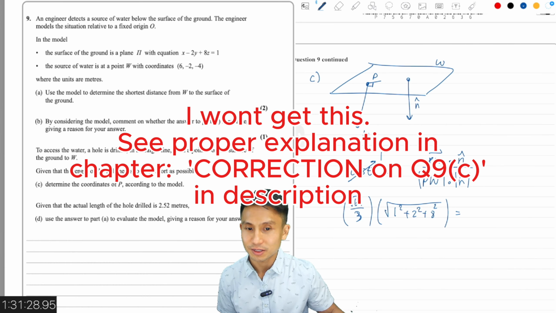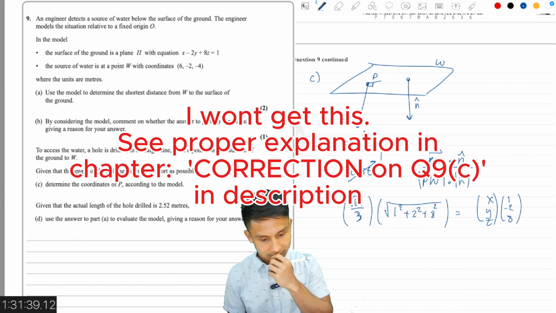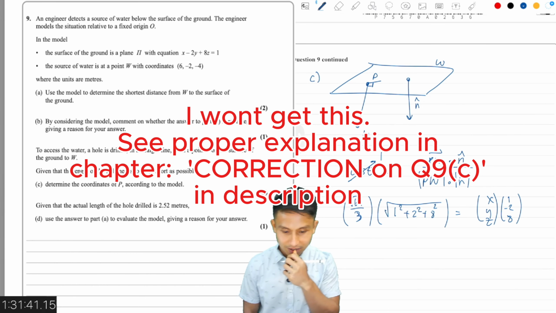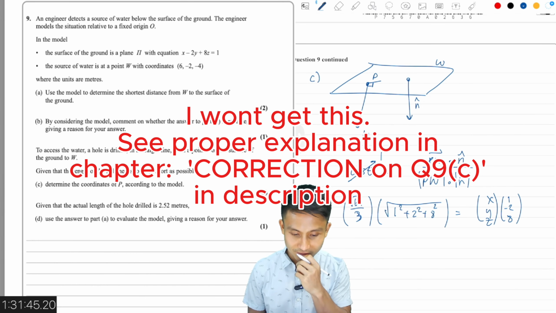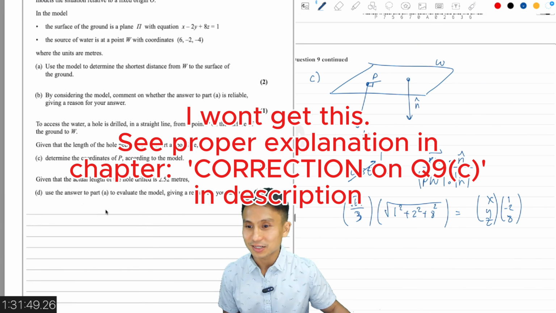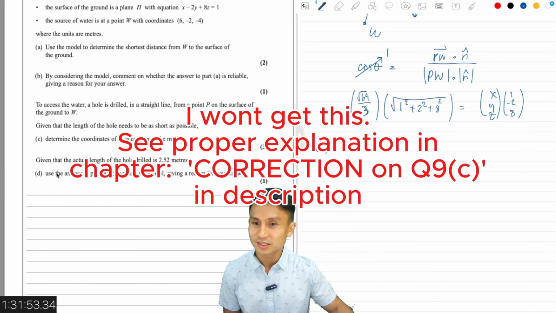Am I missing something? Well, we know n here, it's 1, minus 2, 8, but this is x, y, and z. Dot product. Again, it's going to end up being the same thing, right? This is not helping. All right, I'm going to pass this one. Yeah, I'm still new to this.